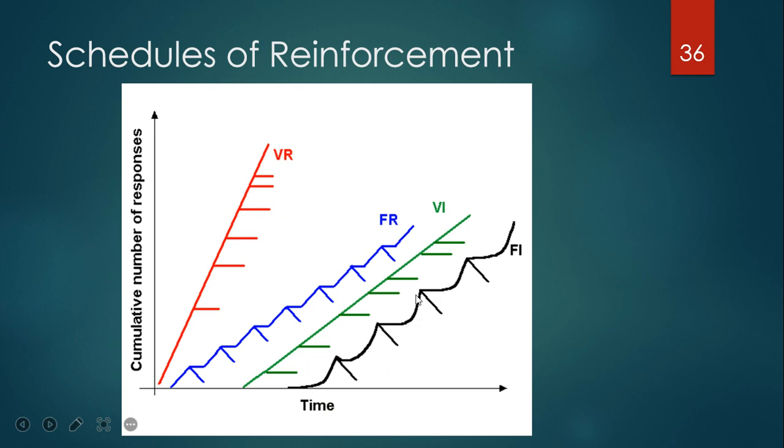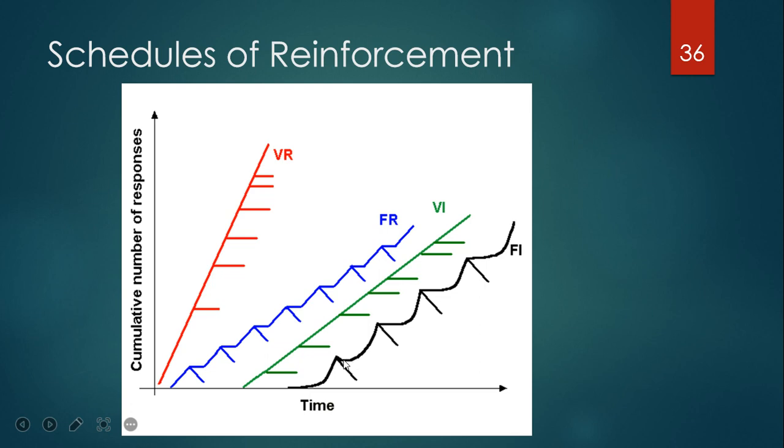So here we have this kind of step motion once again, but this time we've got kind of swoopy step motions, almost like waves on an ocean. So what we see here is the organism barely engaging in the behavior, but as that interval gets close to the end, we see a huge increase in the behavior. And then they get their treat, and then the behavior stops again.